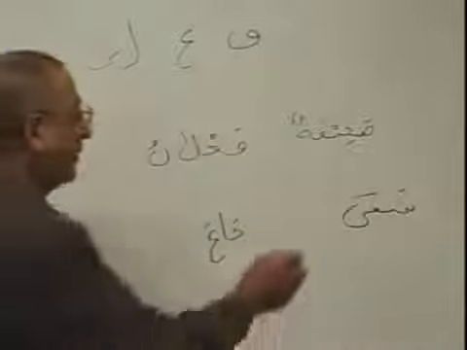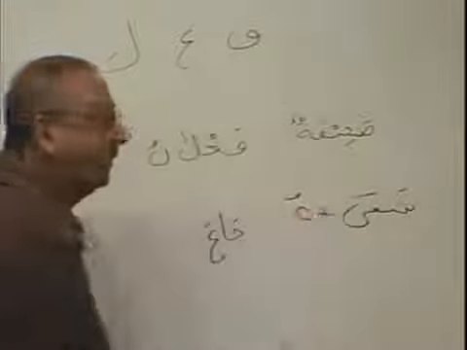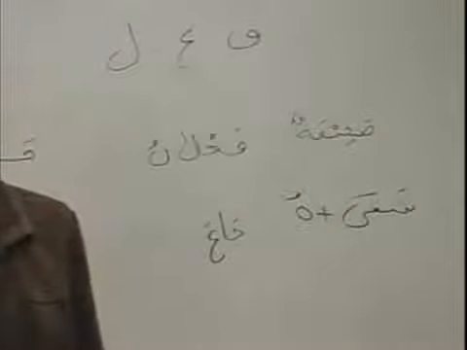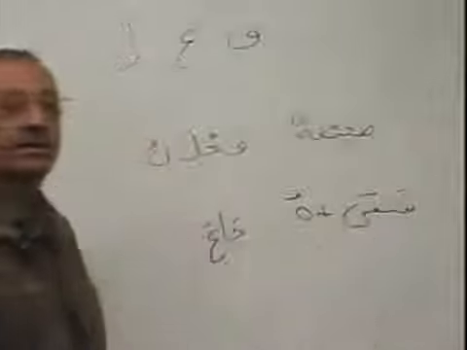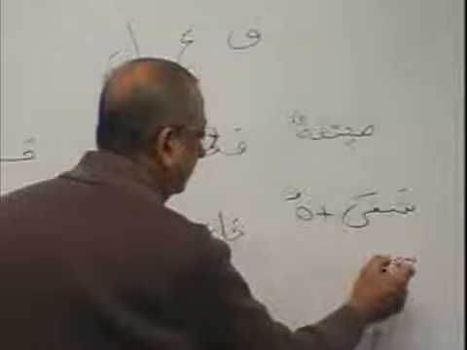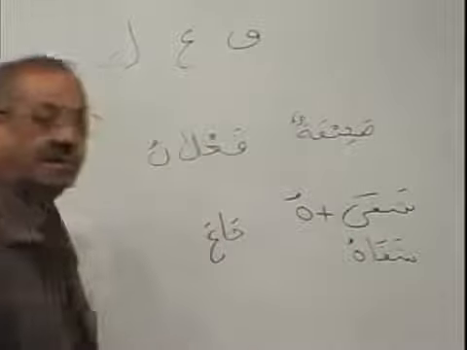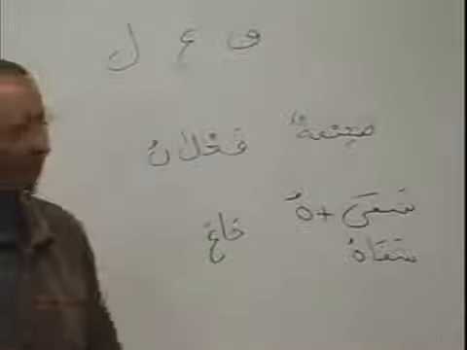Now if I put a pronoun, what will that pronoun be? Maf'ulun bihi. Right? Okay. And then if I say shafahu, then I have to write like this. For writing, it will be like this, shafahu.